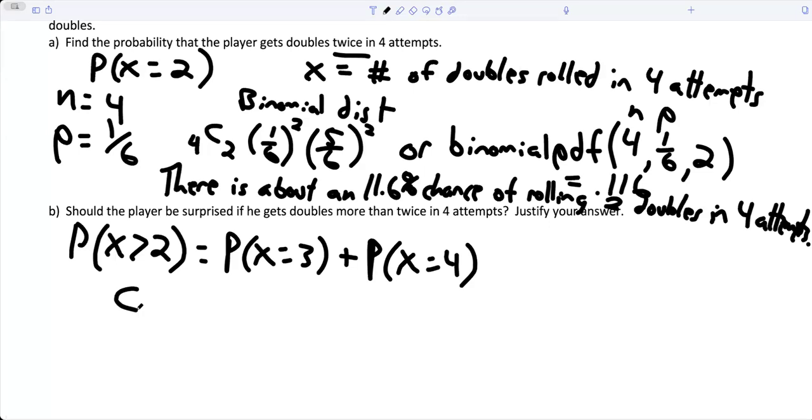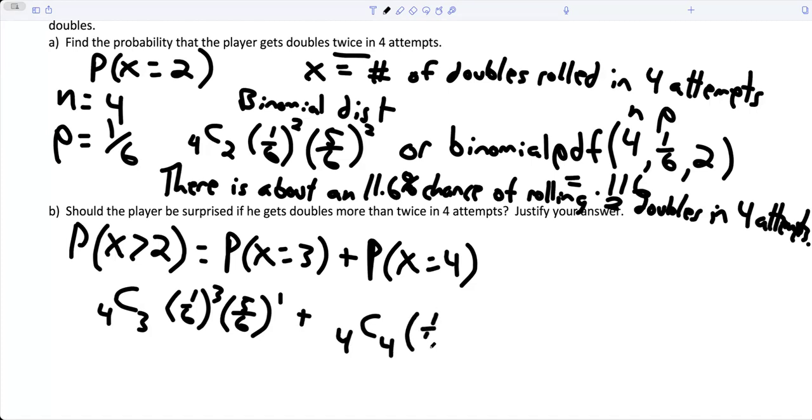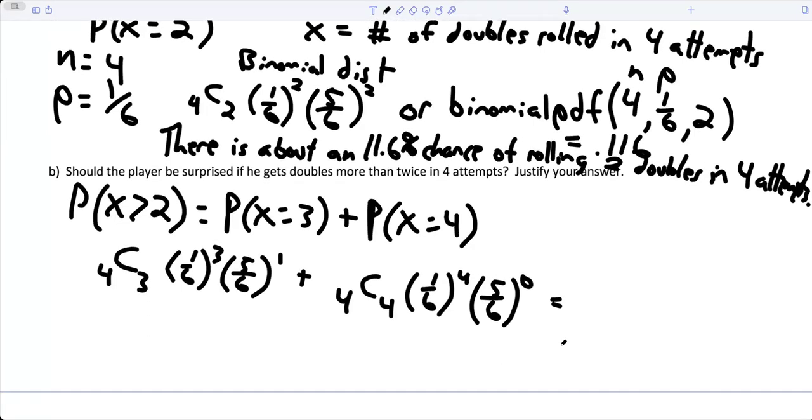With the formula, it would be 4 choose 3 times 1/6 raised to the third power times 5/6 raised to the first power plus 4 choose 4 times 1/6 raised to the fourth power times 5/6 raised to the 0 power. Okay, just for the notes, we can do that.